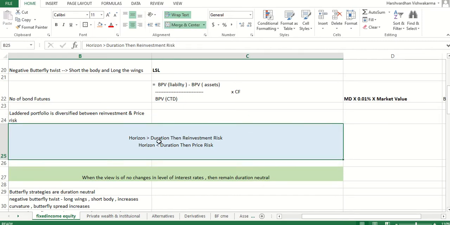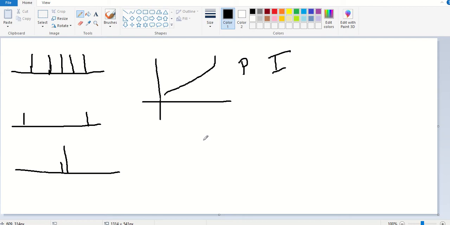Now we have to remember two things. If the horizon is greater than your duration, then you have a reinvestment risk. Suppose you have a bond portfolio which has a duration of 5, and you want to hold the bond portfolio only for 4 years. So now your horizon is less than the duration.